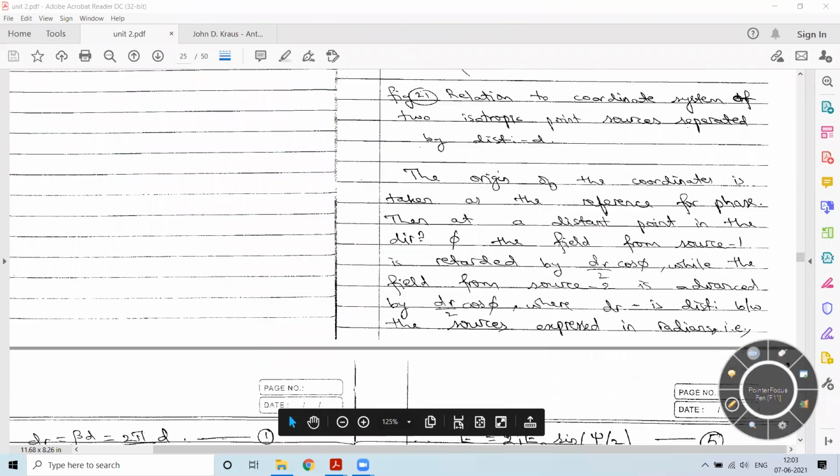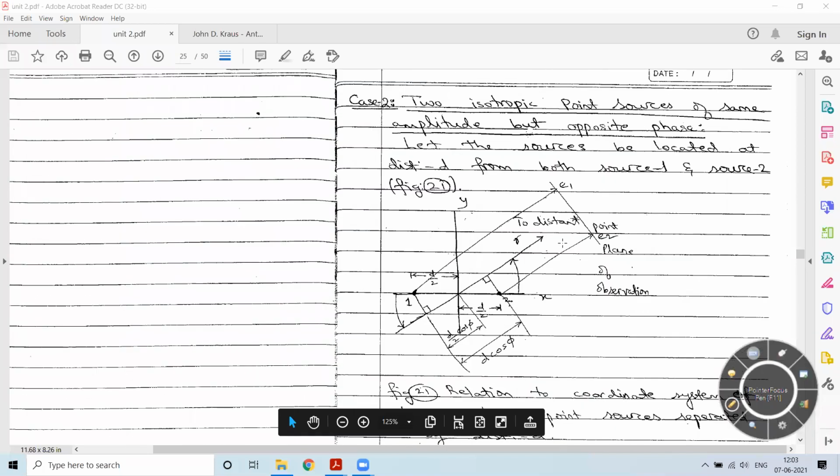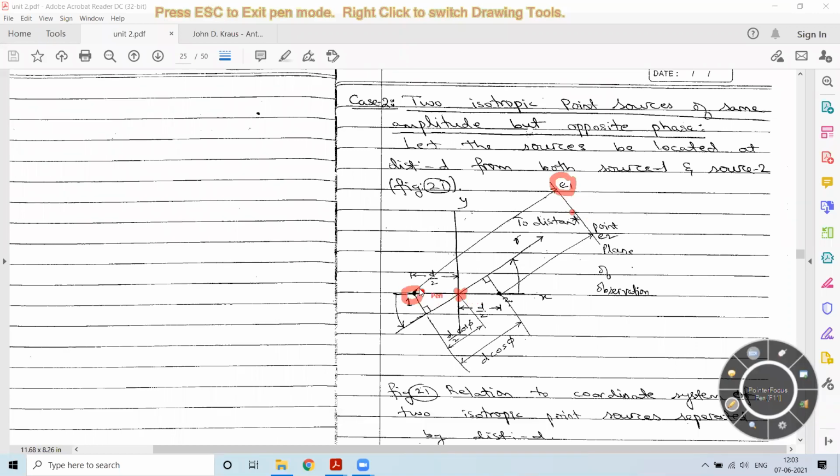So here, again, if I consider the reference point and at a distance r, the field E1, which is due to source 1, lags with respect to this reference point, and E2, which is due to source 2, leads with respect to the reference point. So E1 is lagging, and E2 is leading.